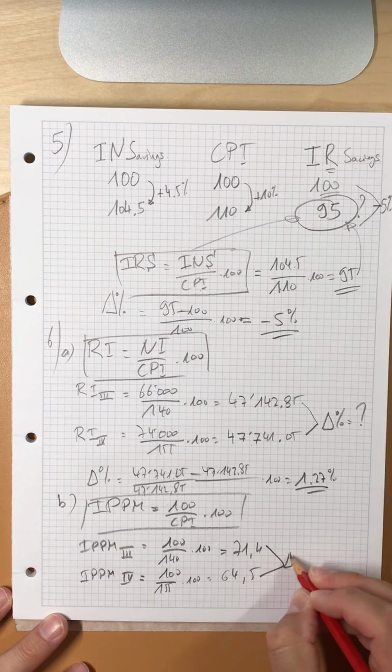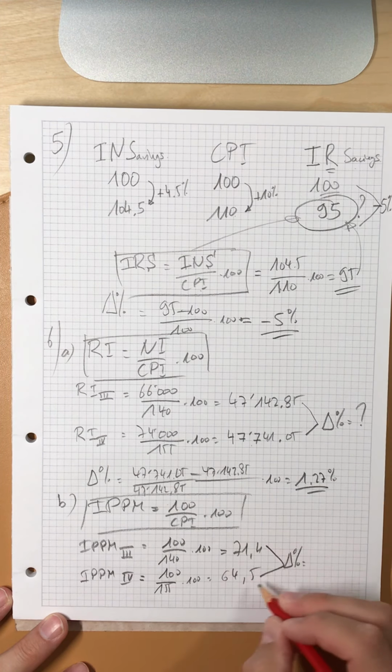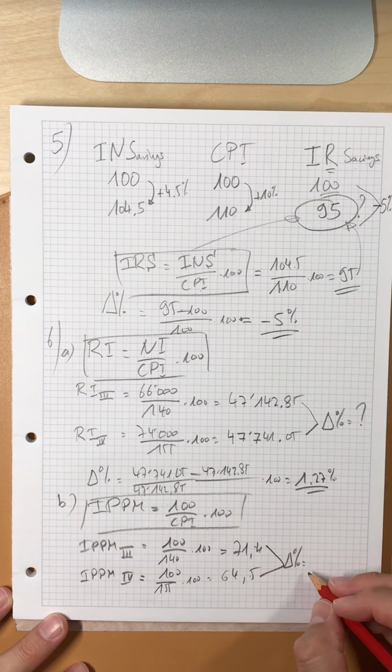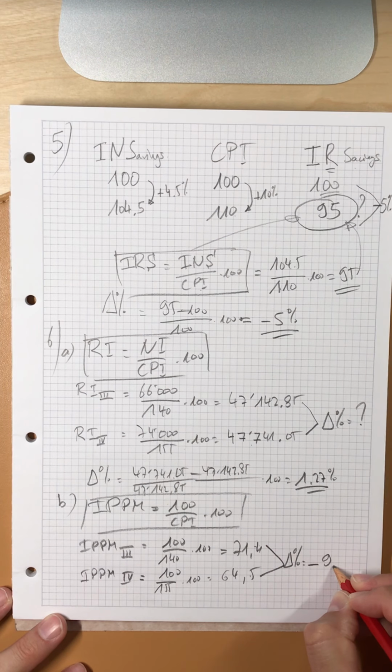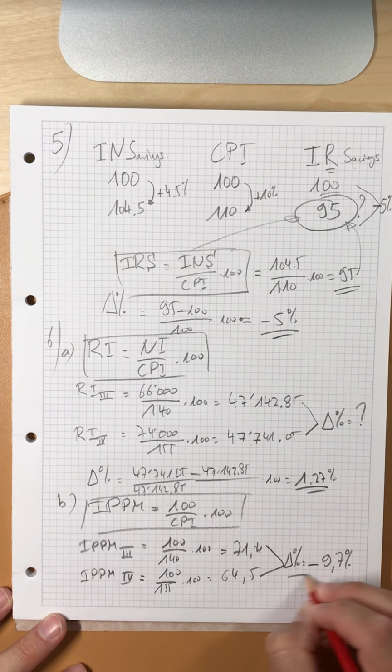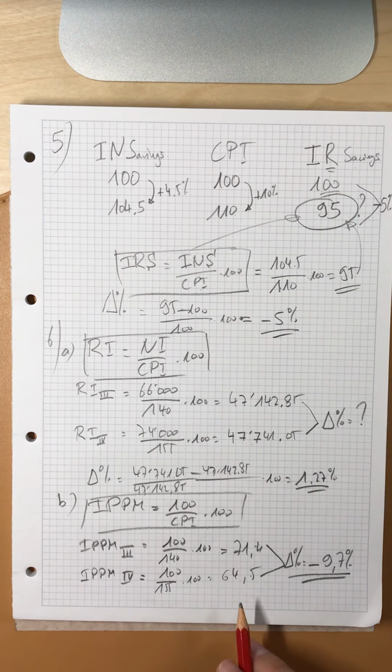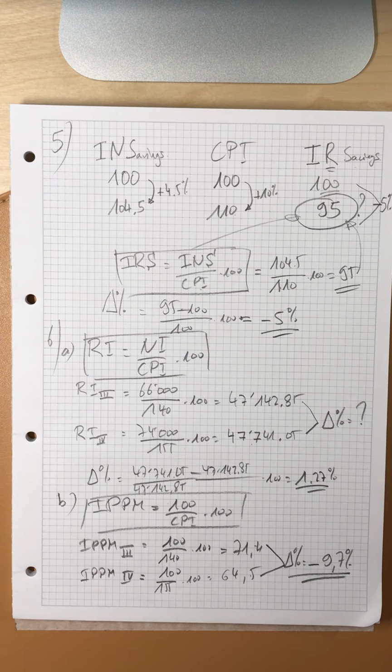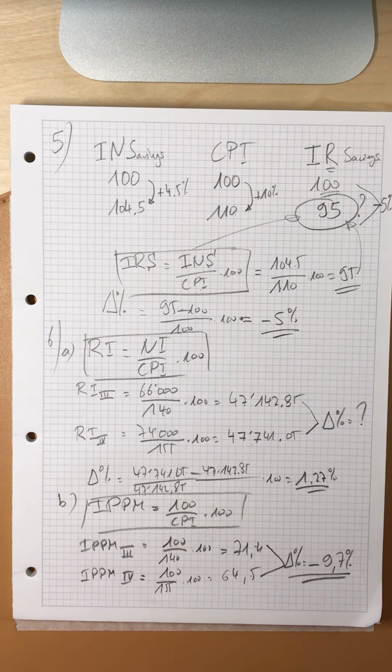And you will just calculate percentage change, arrival minus departure over departure times 100. Believe me, it's minus 9.7%. So the purchasing power of your money is decreasing.